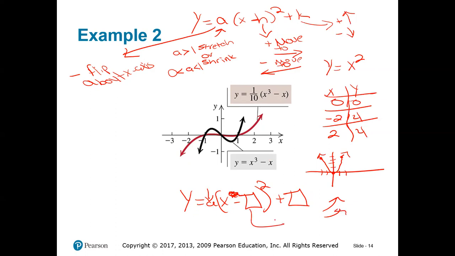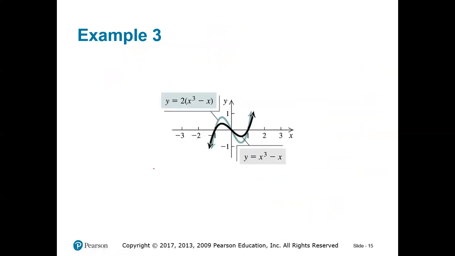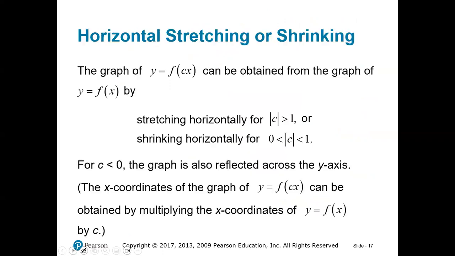Does it flip it? H tells me we move to the right or to the left. And K tells me if we go up or down with this function. And so this is what it's showing you, that you had your original function here, and then they applied some other stuff to it and it moved it. So creating an XY table will be really helpful to you.